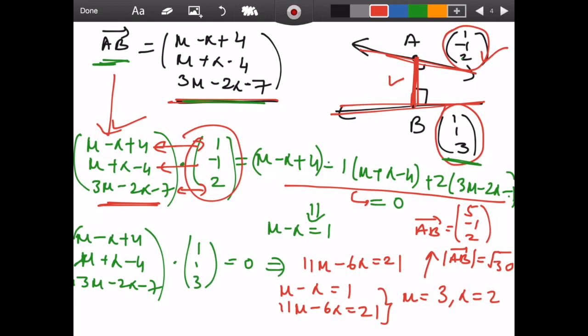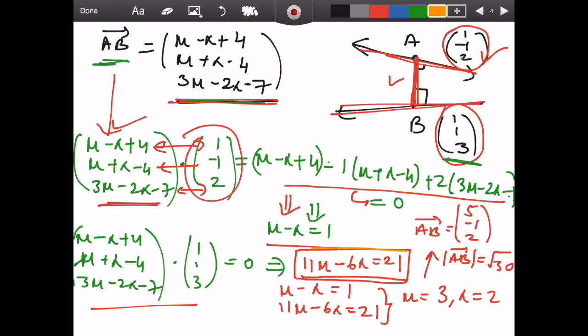Now this particular equation, once you simplify, simplifies to mu minus lambda equals 1. Second equation, when I take vector AB with 1, 1, 3, I'm gonna get again the dot product of 0, and that simplifies to this particular equation, which is 11 mu minus 6 lambda equals 21.